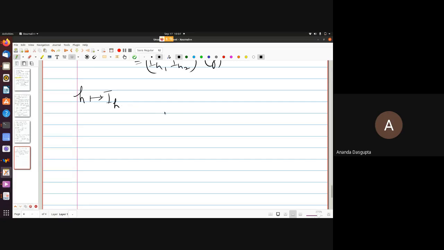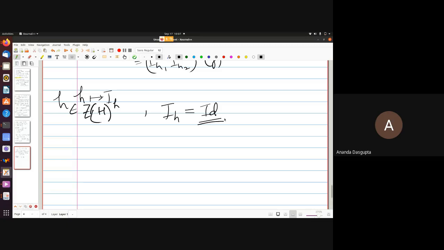What is the kernel of the map? The center is the kernel of this map, right? Because basically, if h belongs to Z(H), then I_h is simply the identity automorphism, right?